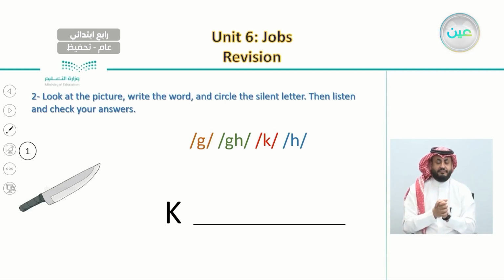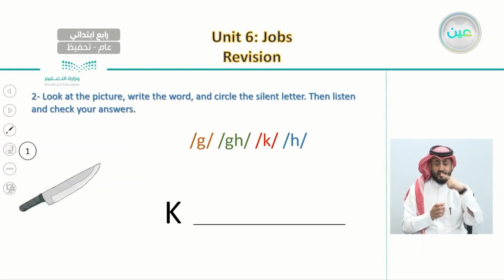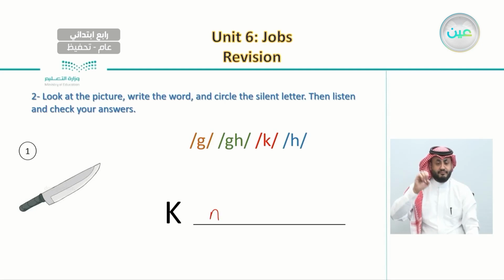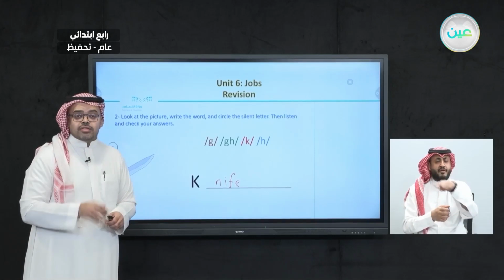So in this exercise, by having a look at this picture, and we know by the letters we have here, we can guess that this word is knife. And we said that knife has one silent letter.